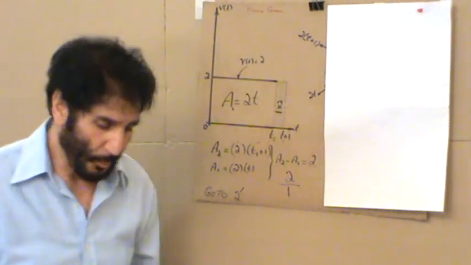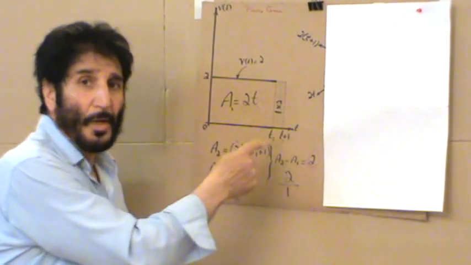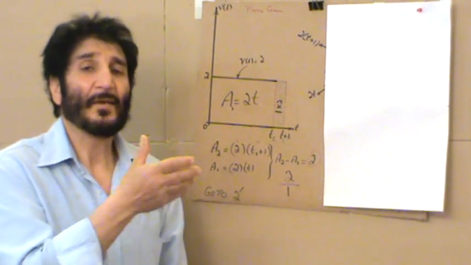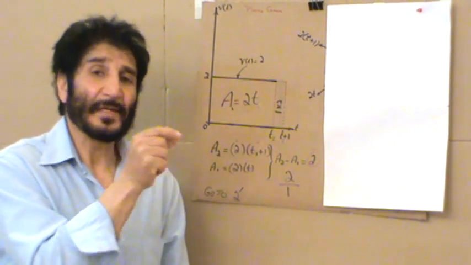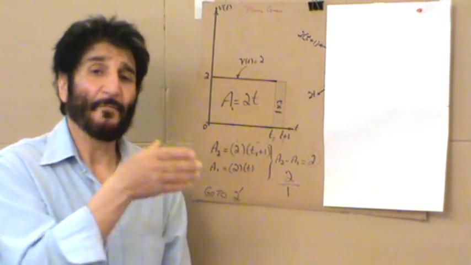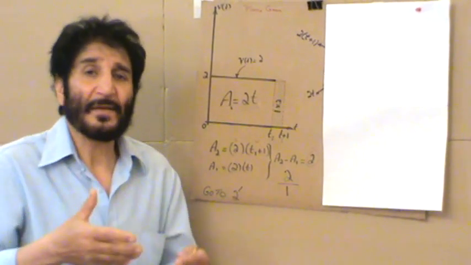Now what I'm going to do right now, instead of going to 1, I'm going to go to half a second and see what is the rate of increase in that interval. Then I'm going to go to 1/4 and 1/8 and 1/16 and so on and so forth, so that you get the feeling.